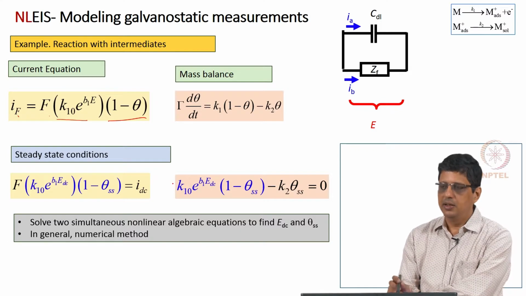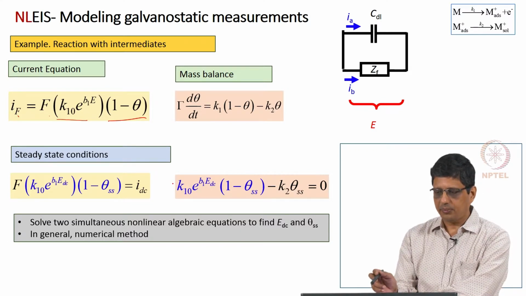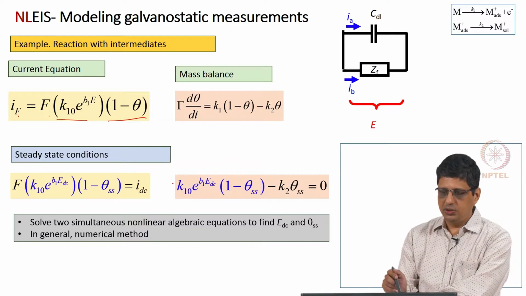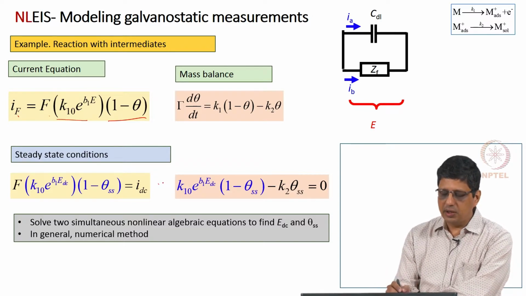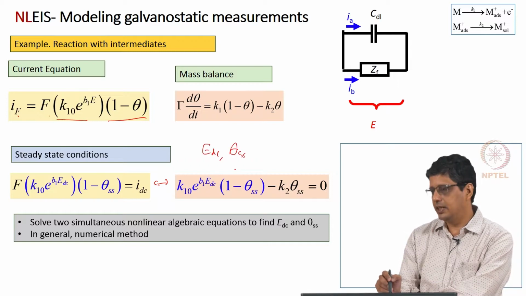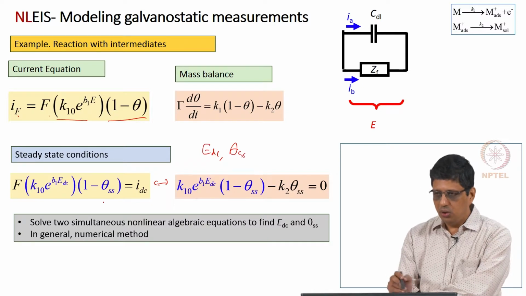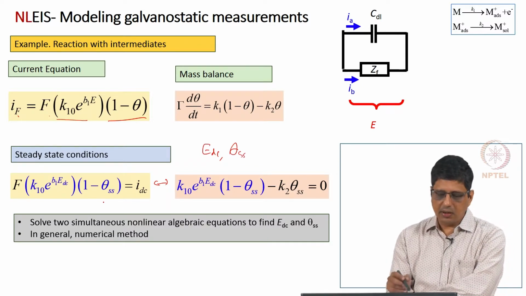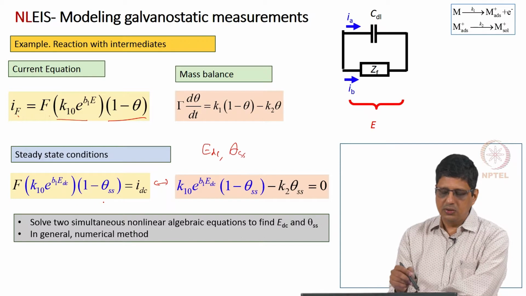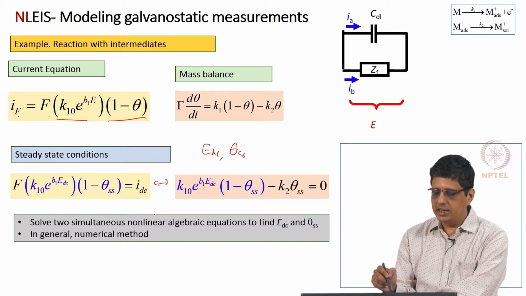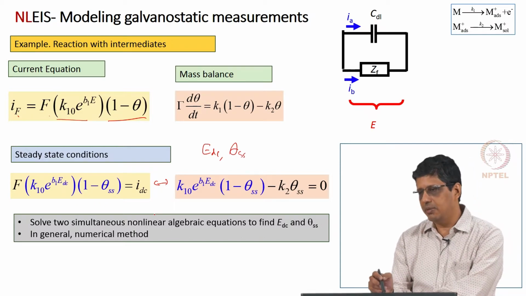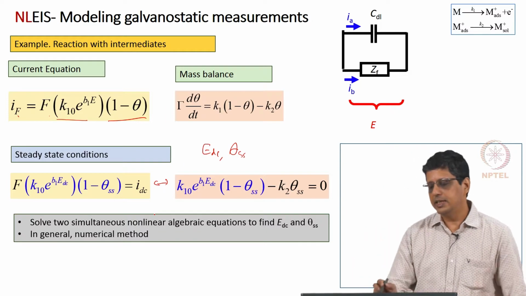In general, when you have 2 or more steps, it may not be possible to do this, and you will have to solve these 2 equations simultaneously. We do not know EDC, we do not know theta SS in this case. So, 2 equations, 2 unknowns, it is possible to solve, but they are not linear equations. So, these are non-linear algebraic equations which you have to solve simultaneously to find EDC and theta SS.